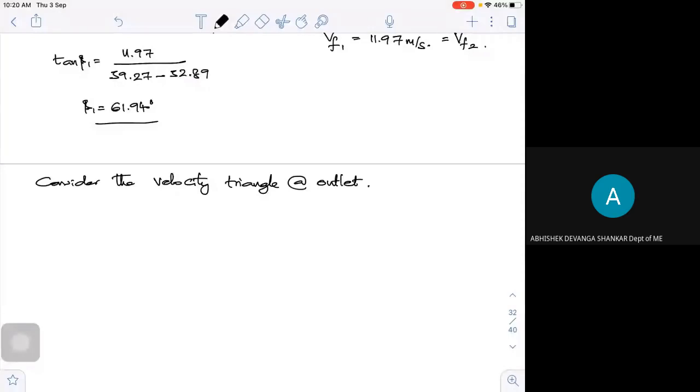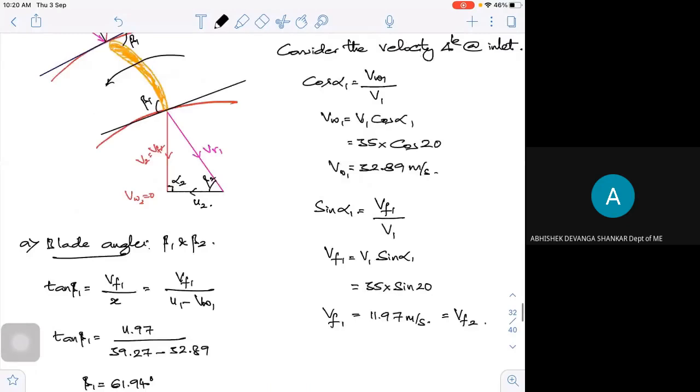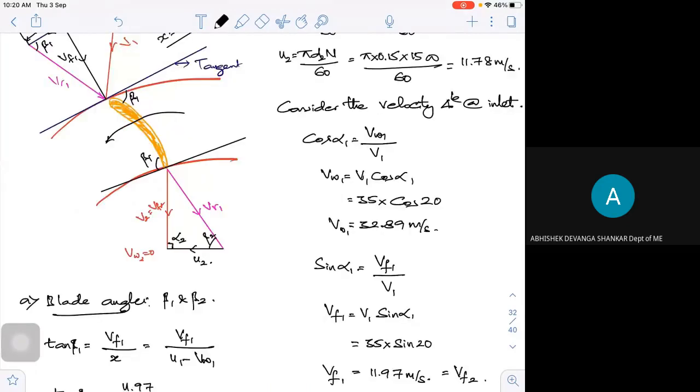So tan beta 2 is equal to your Vf2 divided by your U2. But V2 is equal to Vf2. Fine, V2 is equal to Vf2. That means Vf2 is equal to Vf1, 11.97. So Vf1 is 11.97, which is also equal to V2, that is 11.97.